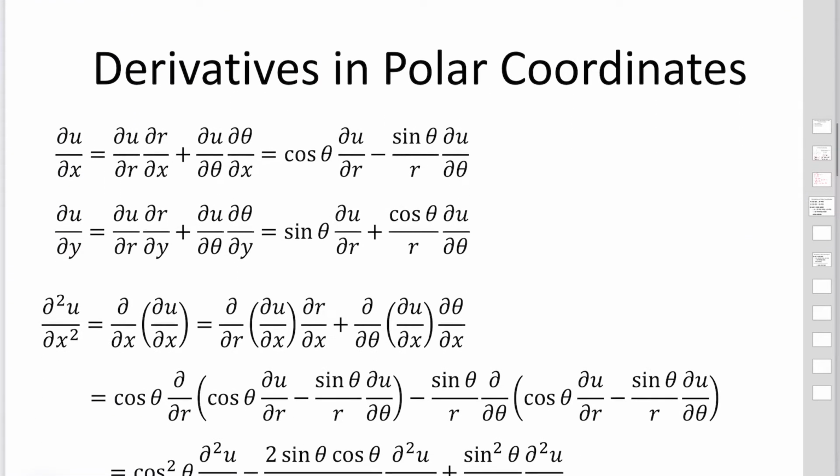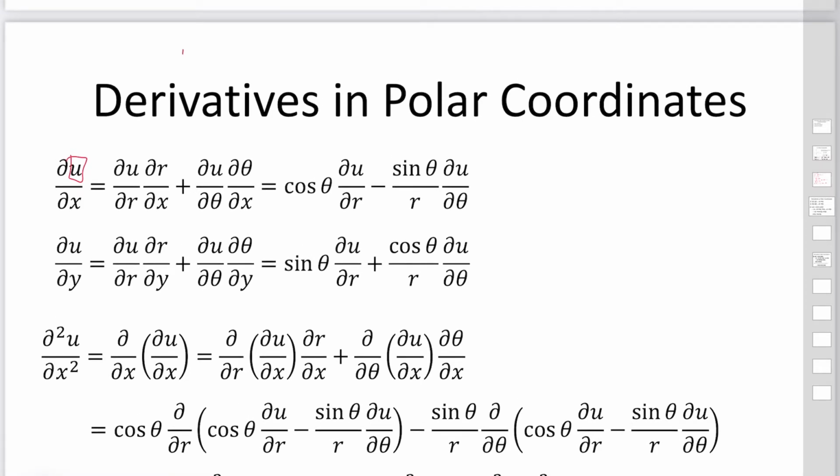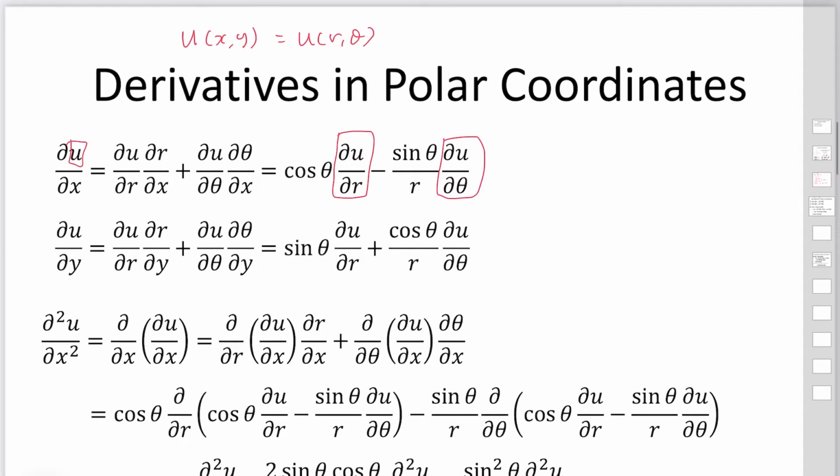Then we'd like to express the partial derivatives of some function. As a function, we choose u. u is a function of the two coordinates, x and y. Also, we could say that u is a function of r and theta. Then we'd like to convert the partial derivative of u with respect to x to the partial derivatives of u with respect to r and theta. To derive these relations, we apply the chain rule.